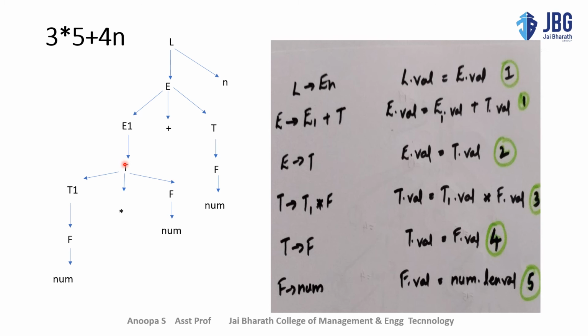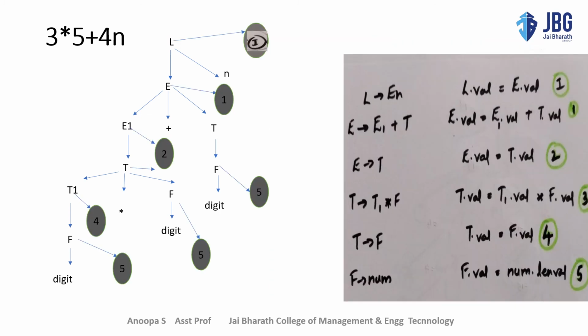Similarly, E giving T, it is number 2, I will give number 2 here. Then T giving T star F, I will give number 3 here. T giving F, I will give number 4. F giving num, I will give 5. Similarly, I have to give at every substituted node. Okay, so it will look like this. For every node, I have given the semantic rule number.